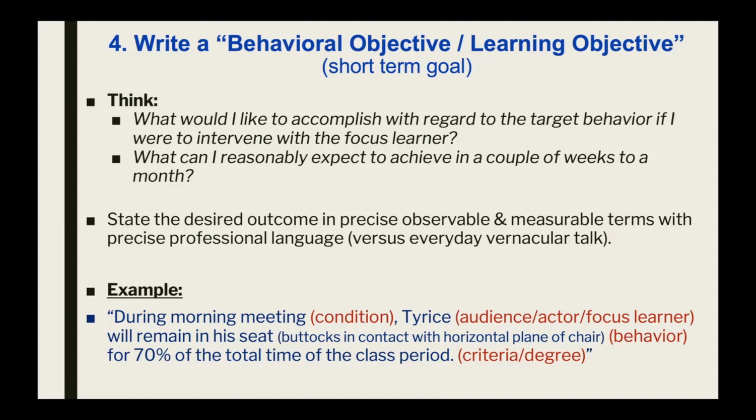And we've got an example down there at the bottom. There are four parts to a behavioral objective. The when you're going to observe, or under what conditions will this behavior exist a couple of weeks from now? Oh, during the morning meeting.